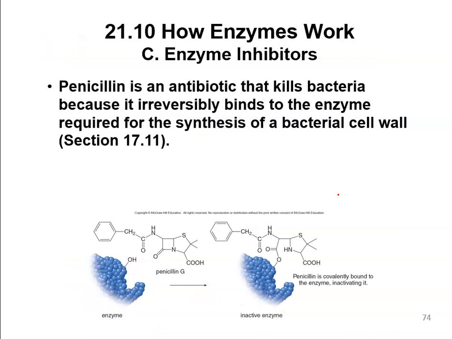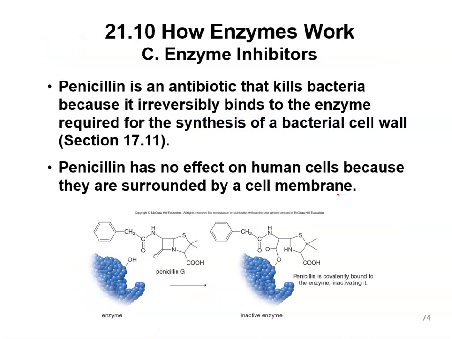Okay, here's an example of penicillin as an enzyme inhibitor. Penicillin is an antibiotic that kills bacteria because it irreversibly binds to the enzyme required to synthesize a bacterial wall. So it inhibits the protein that makes a bacterial wall, specifically for bacteria.